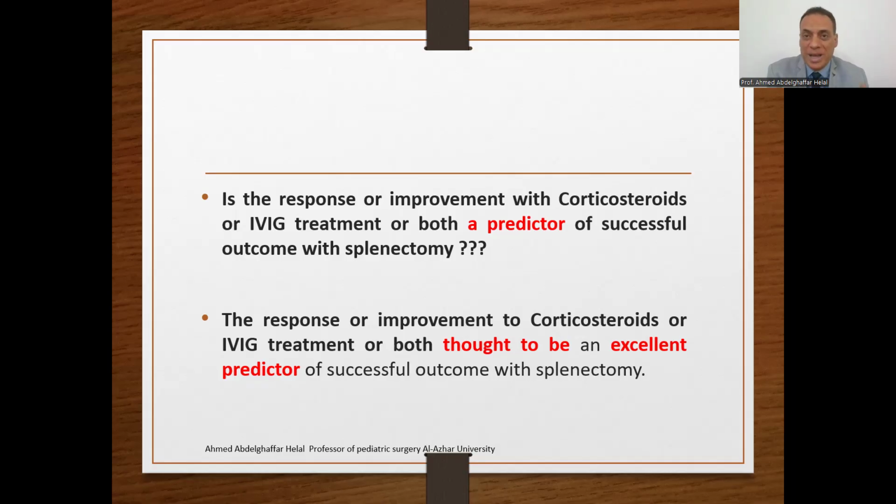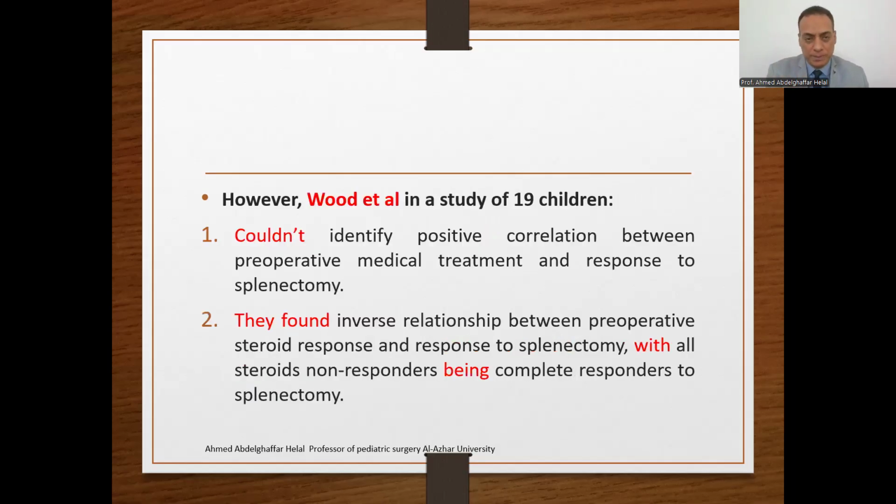So previously, pediatric surgeons considered that improvement with medical treatment is an excellent predictor that this child will improve after undergoing splenectomy. However, there are some studies related to this topic.